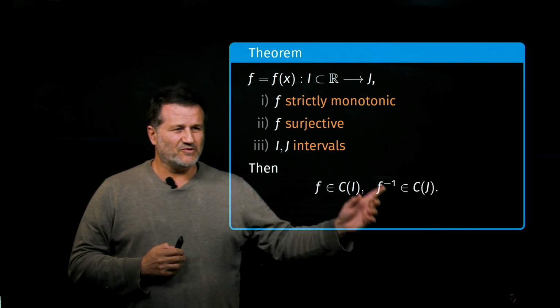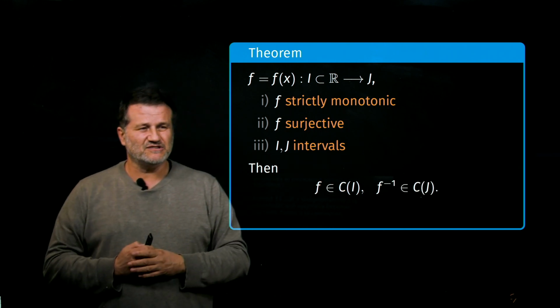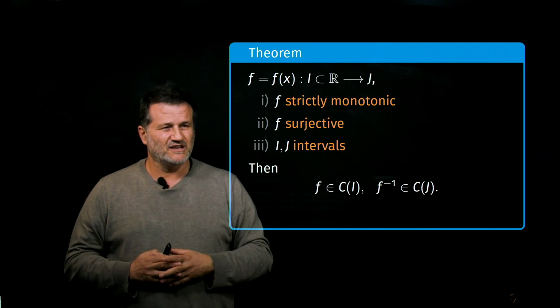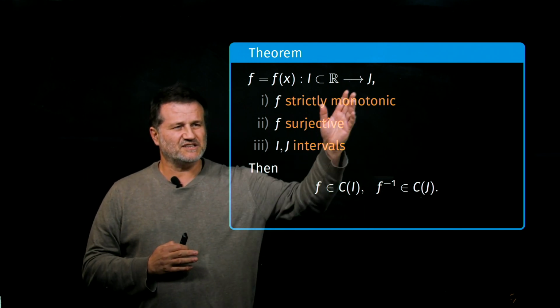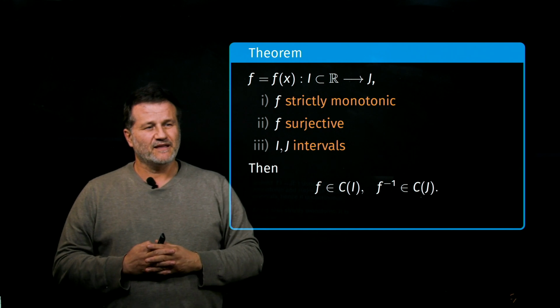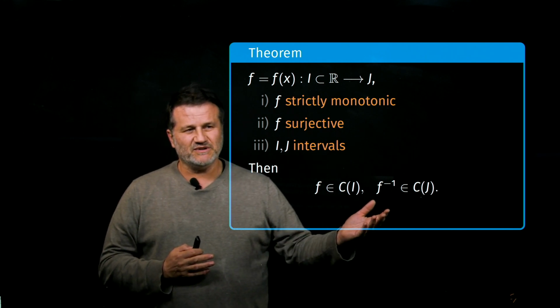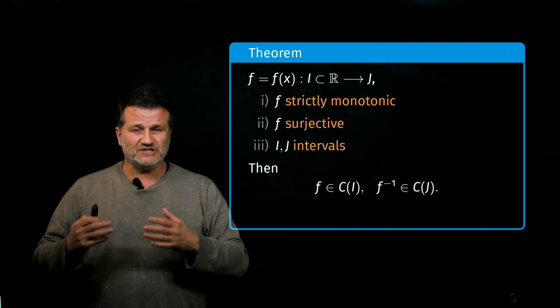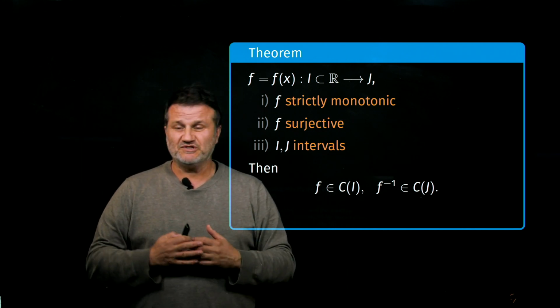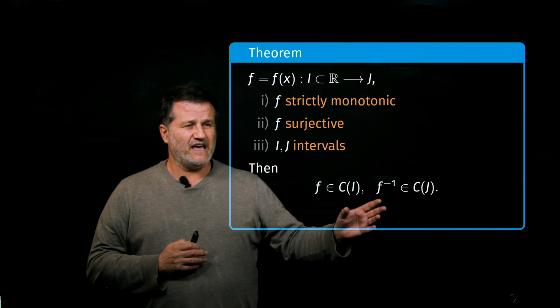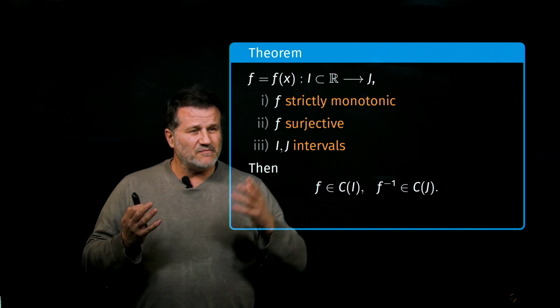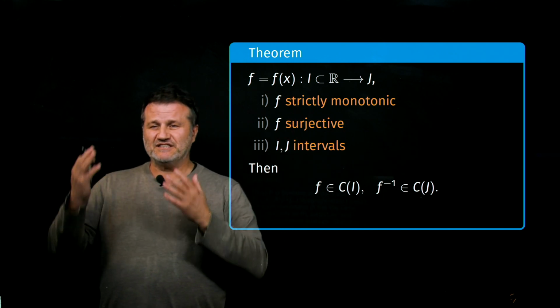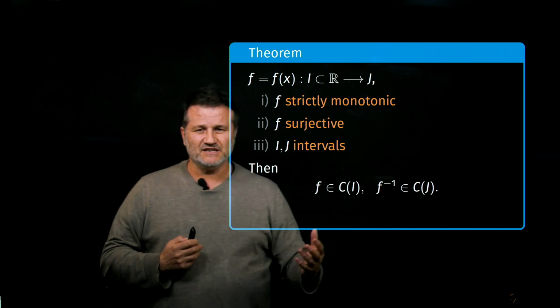And moreover, also the inverse function of f is continuous on its domain, which is in this case the codomain of f. Now, this is a consequence again of the theorem of continuity of monotonic surjective functions between intervals, because f minus 1 has the same monotonicity as f. If f is increasing, f minus 1 is increasing.